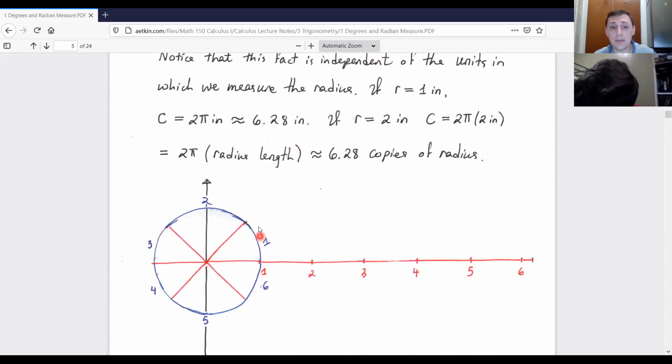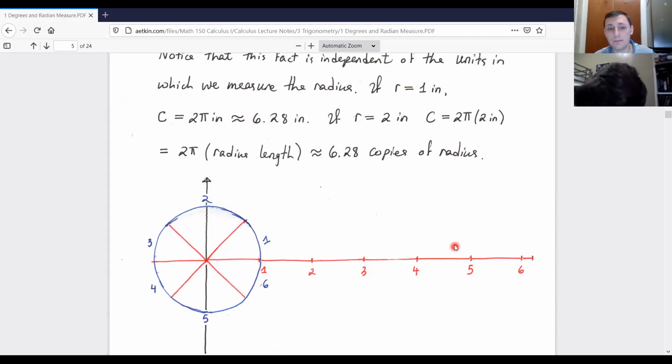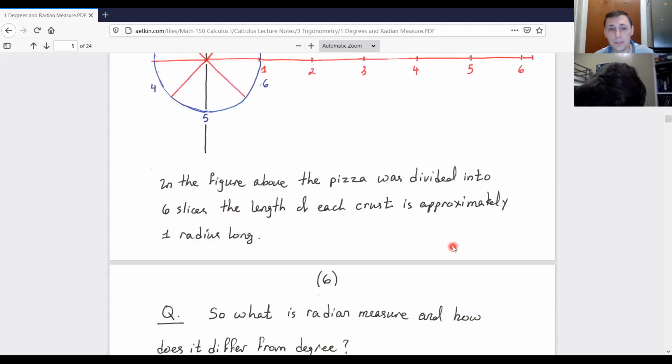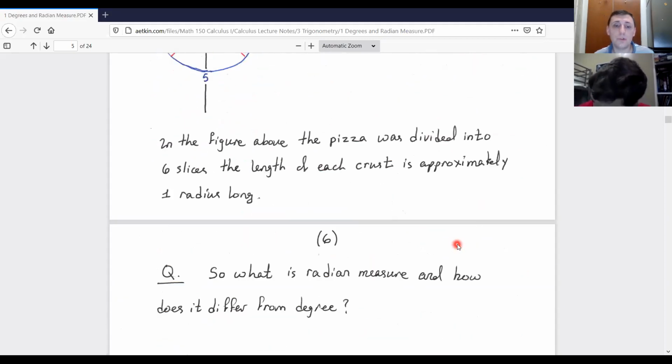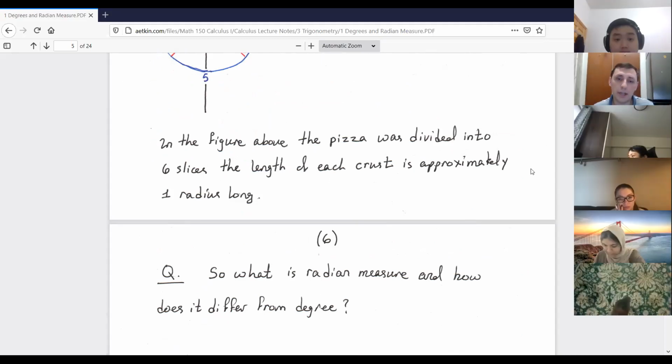Here it is, guys. If I were to unwrap this blue circle and lay it on the x-axis from here onwards, I will see the measurement is going to be 6.28 something. That's the circumference. Okay, so smaller crust means sharper angle, right?